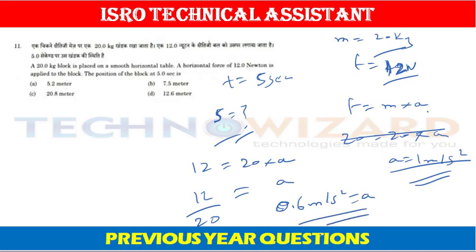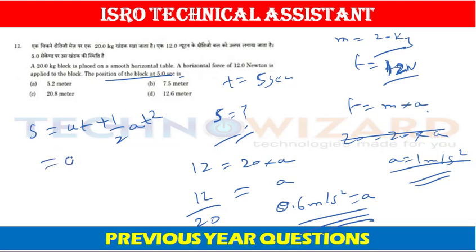This is the acceleration. Now we know that s is equal to ut plus half at square, which is the second equation of motion, and we need the position of the block at 5 seconds. Initially, I have taken that the block is at rest.